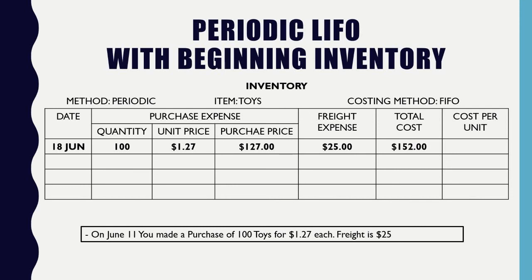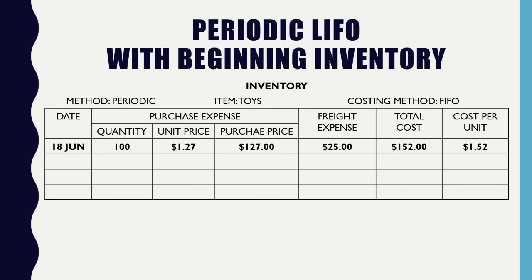Then same thing again, you have to rinse and repeat. How do I solve for the cost per item? Your total cost of $152 divided by your total quantity of 100. Your batch for this one is going to cost you $1.52 per item, okay?